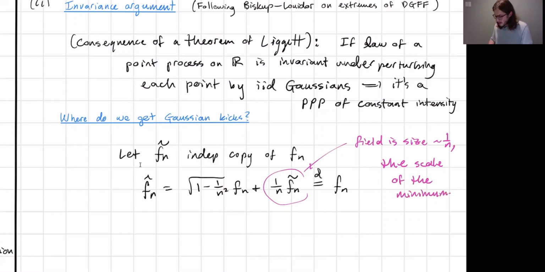So when you're looking at the process of local minima for Fn hat, you can look at it as the process of Fn, and then you introduce this other piece that's independent, at scale 1 over n. So this is a field of Gaussian kicks, at the scale of our point process. The only thing that remains to be shown is that these are roughly independent Gaussian kicks. So where does the independence come from?